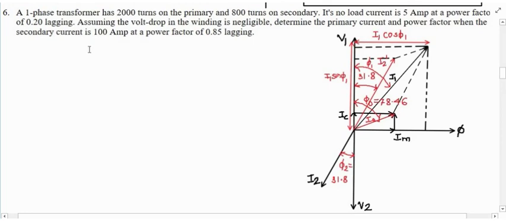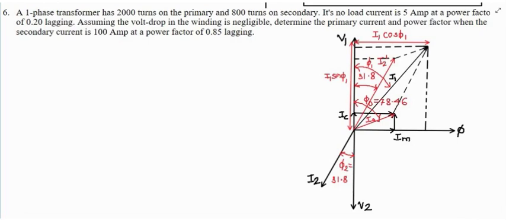So in this problem, the no load data of the transformer is given to you, and you have to find out the primary current and the power factor when the secondary is loaded, or the transformer is connected across the load. So students, we know that the secondary current flowing through the secondary winding will set up its own magnetizing field, right?